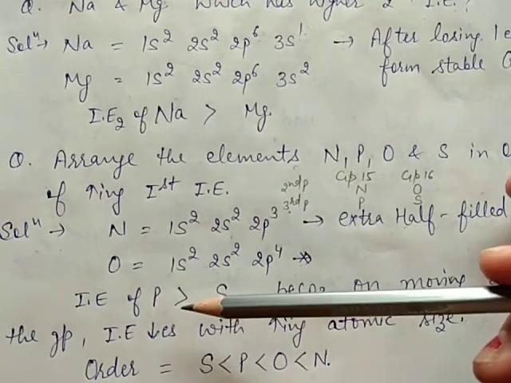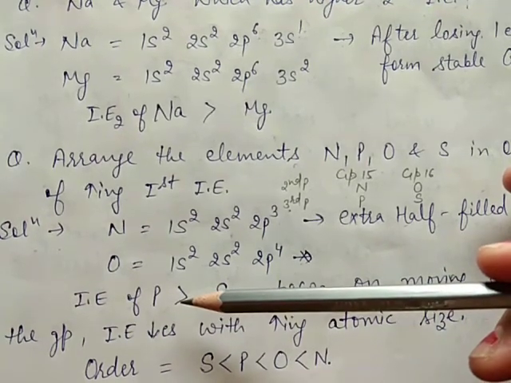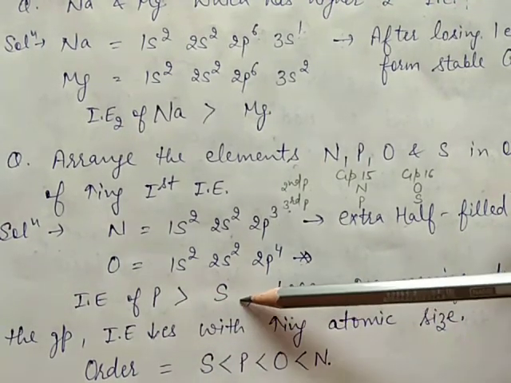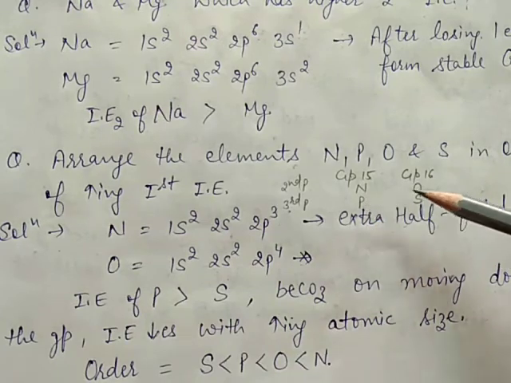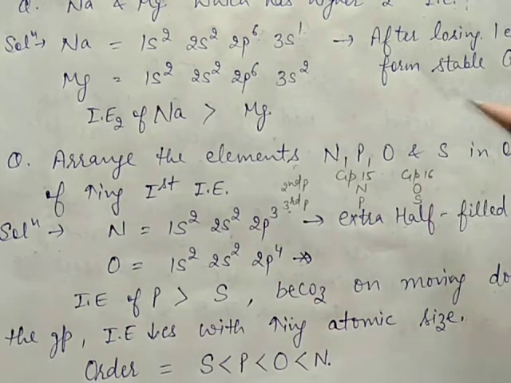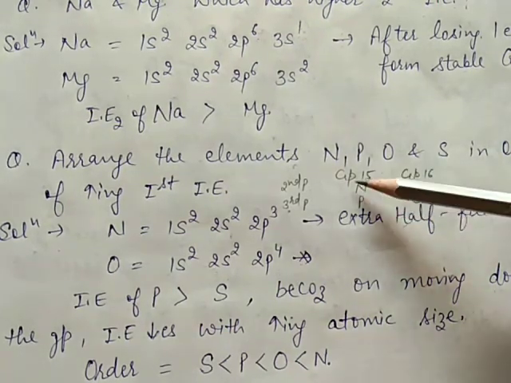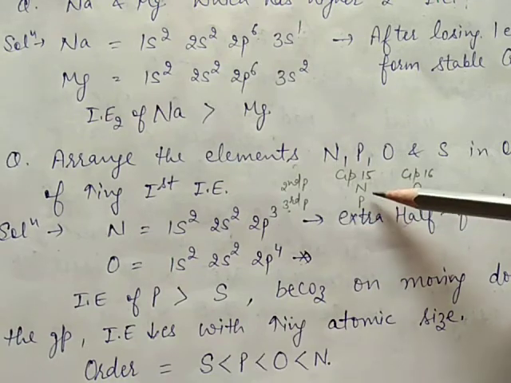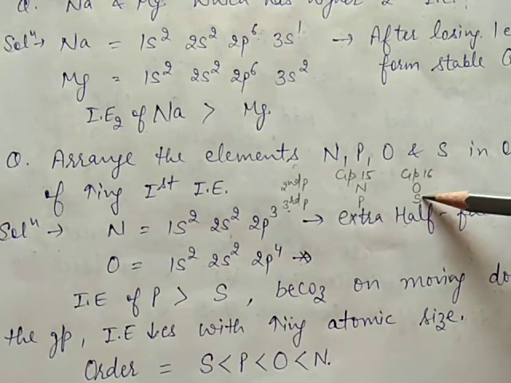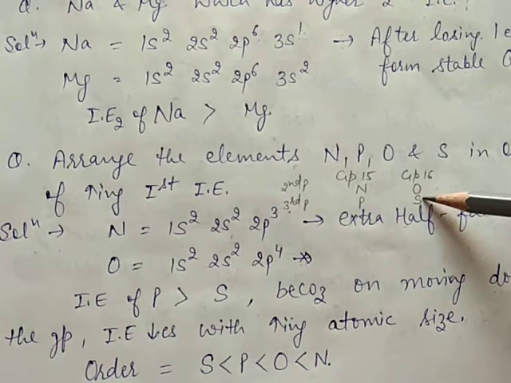Then we compare the ionization energy of phosphorus with sulfur. This is phosphorus, this is sulfur. In group 15 all have an extra stable half-filled configuration as compared to group 16 elements.